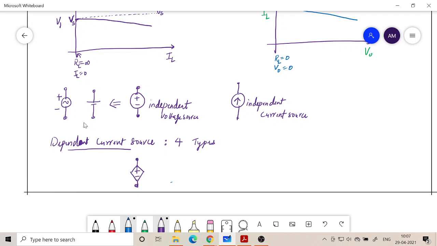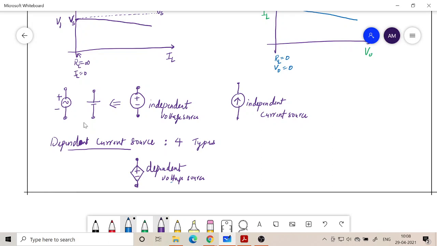Now whether it depends on the voltage between some terminals or upon a current, we would say current dependent voltage source. What is the factor on which this voltage depends? Depending upon that, you can have a current dependent voltage source or a voltage dependent voltage source.